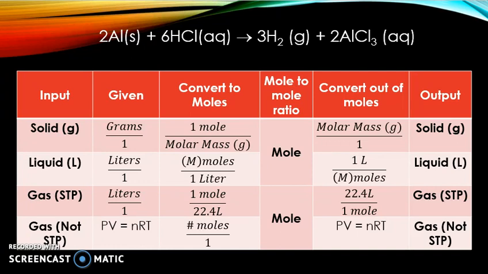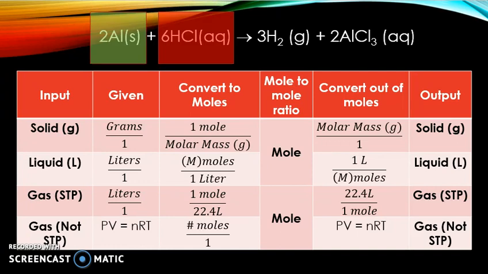Let's say the stoichiometry problem gives me everything I need to know about aluminum, but asks me a question about HCl. I'm going to look at those state symbols, and notice that aluminum is a solid. So for the information I'm given, I'm going to use this first pathway forward, using grams over 1 and the molar mass to get to my mole-to-mole ratio.